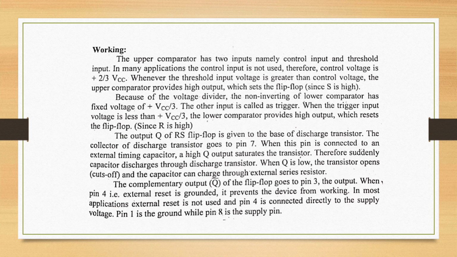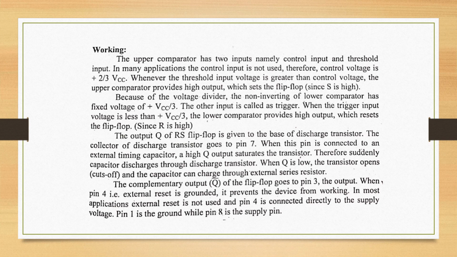Now this is the working of IC 555. The upper comparator, as I have mentioned, has 2 inputs. One is 2/3 VCC and another level. According to that, the output is given. Either the condition is set or reset. According to the conditions, the flip-flop will be in set mode or reset mode, with output either Q or Q bar.